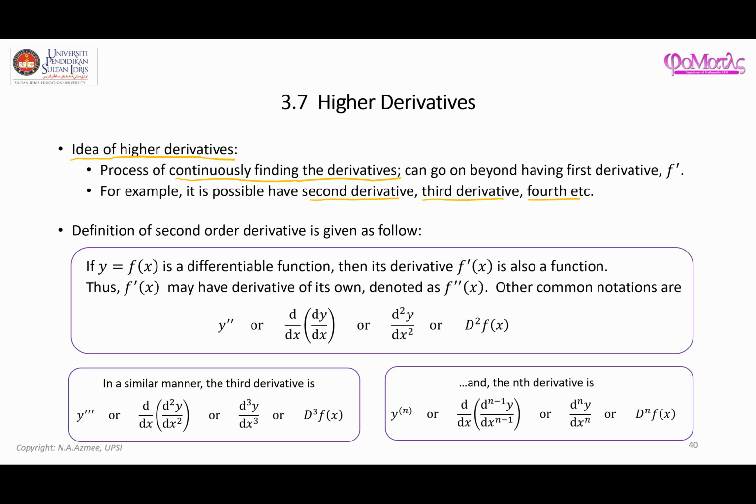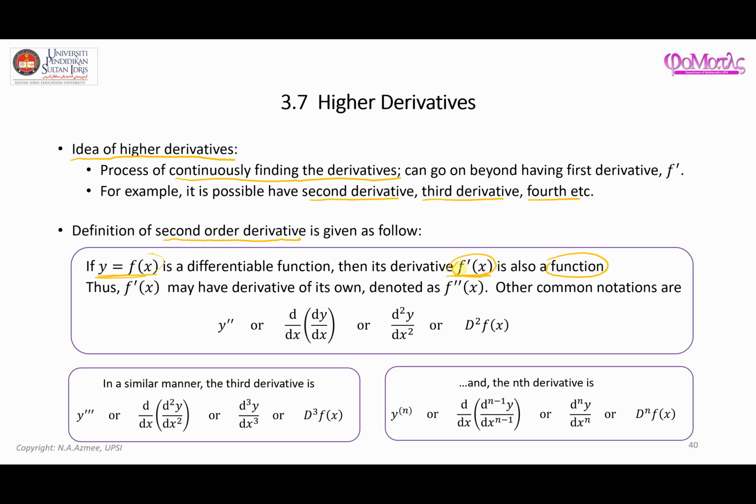Now, the definition of the second order derivative can be formally given as follows. Let's say we have a function y equals f(x), and this is a differentiable function. Therefore, the derivative of this is denoted as f prime x, and f prime x here is also a function.